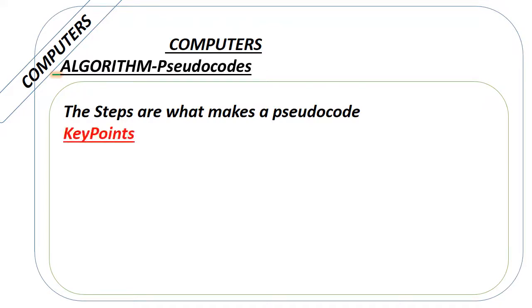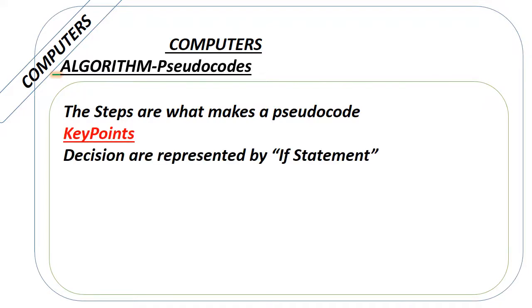Okay, so the key point is, other than these other normal things which you can write in words, for example, input or enter this, decisions are represented by what is called an if statement. So an if statement is the one that corresponds to the diamond on a flowchart where a decision has to be made.